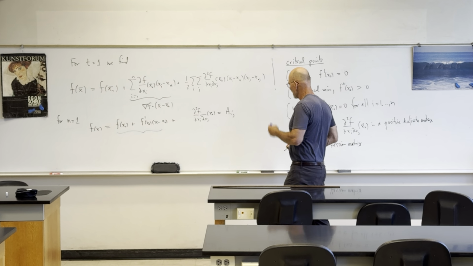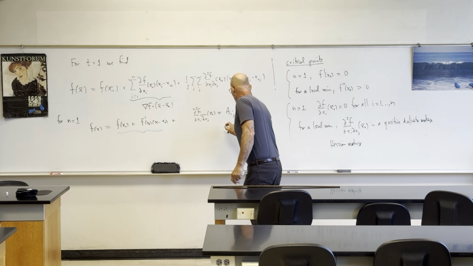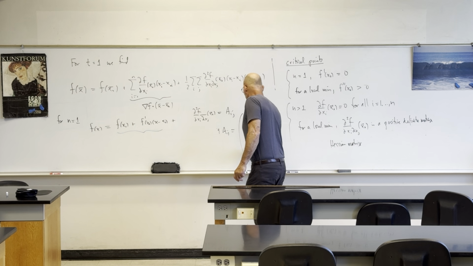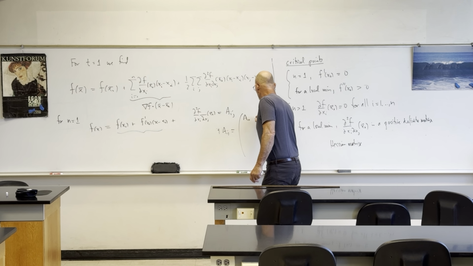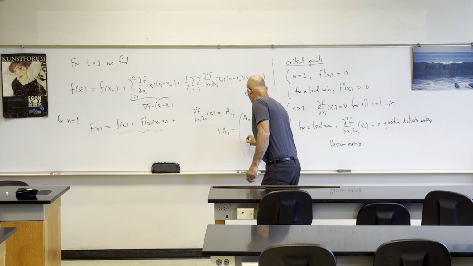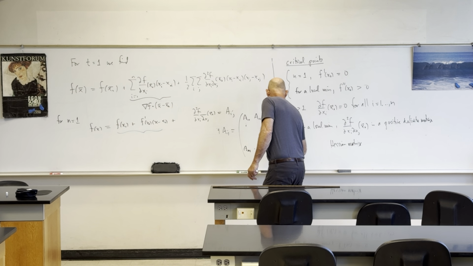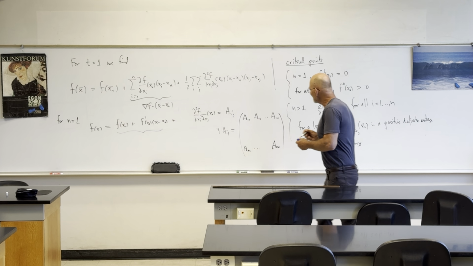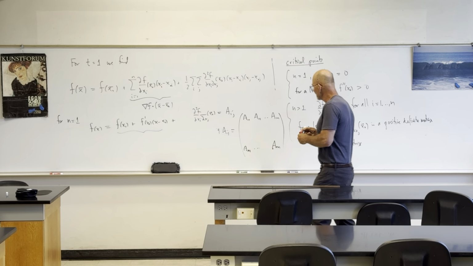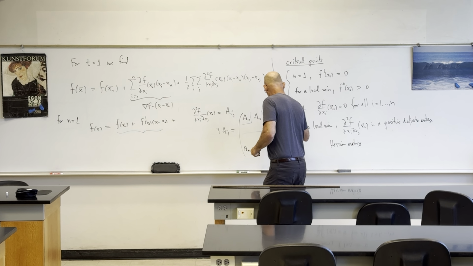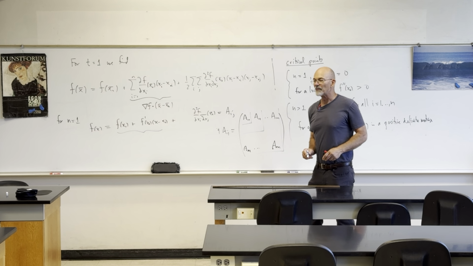And if aij is this matrix here, a11, a12, a1n, an1, ann. The criterion for positive definite is that every one of these corner determinants all the way down to the last is positive.